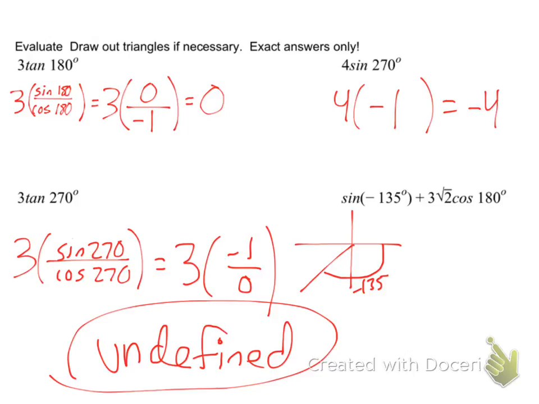Now, in that quadrant, sine happens to be negative, and it has a reference angle of 45. So guess what, guys? Sine of -135 is the same thing as the negative of sine 45.